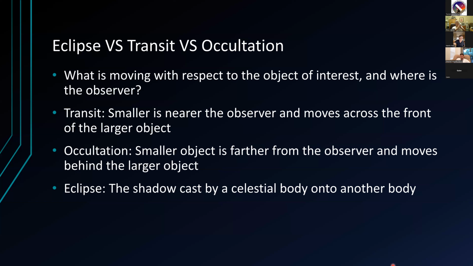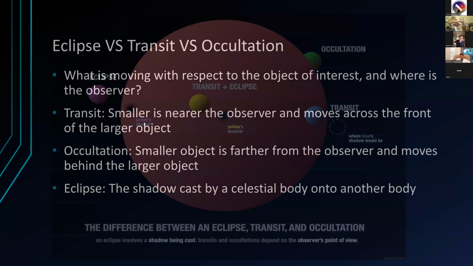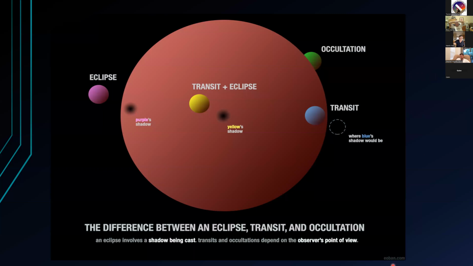So, for example, on the rare chances it happens when Venus goes behind the moon, this is an example of an occultation. And an eclipse is simply the shadow cast by a celestial body onto some other object.